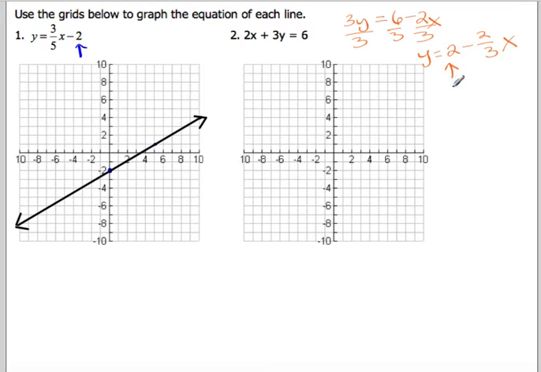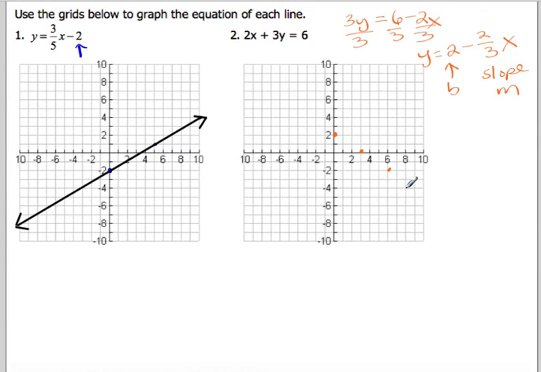My y-intercept is 2. So on the y-axis at 2, I'm going to make a dot. The slope, so there's b and this is m, is -2/3, meaning I'm going to go down 2 and right 3. Down 2 and to the right 3.